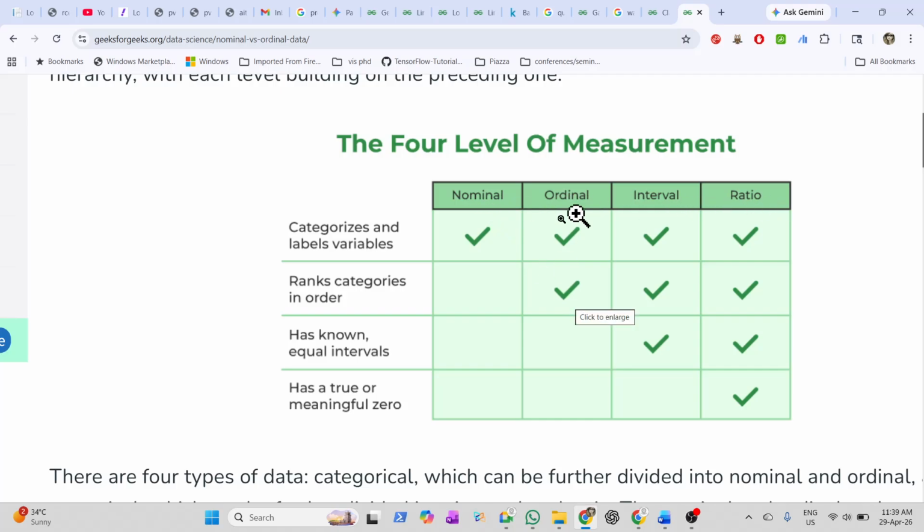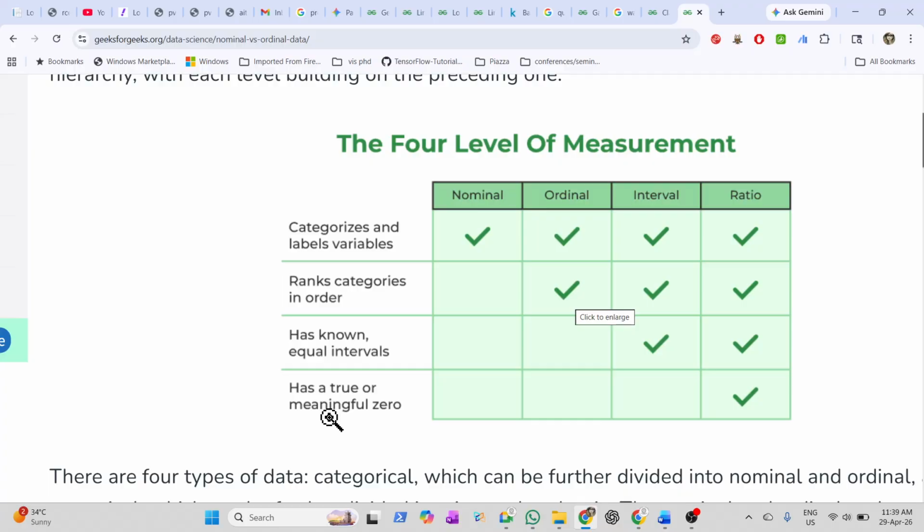So here you see there are 4 types. These 4 types of data can be nominal data, ordinal data, interval data, ratio data. The data which has categories and labels can come into any type, but which specifically has ranks or order is ordinal. And which has known equal intervals, like 1 to 10, 11 to 20, supports these two properties.